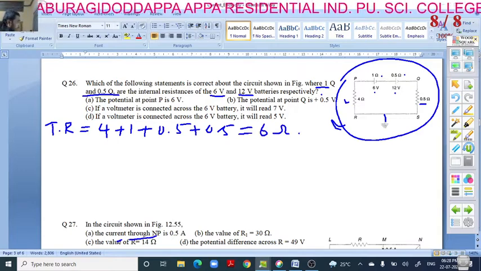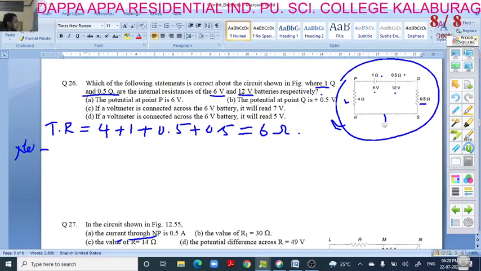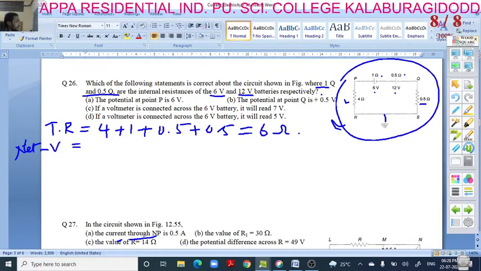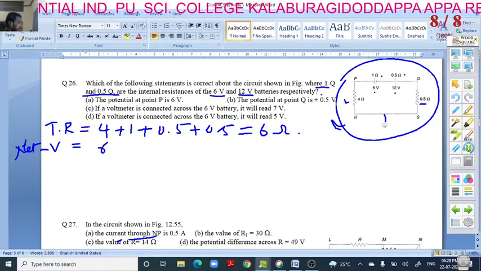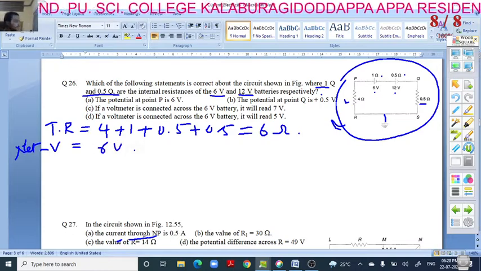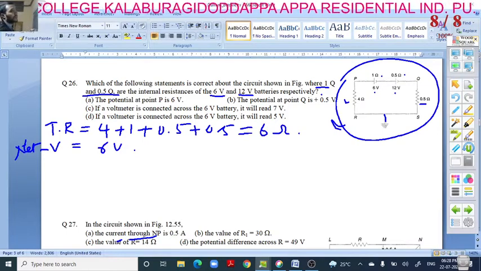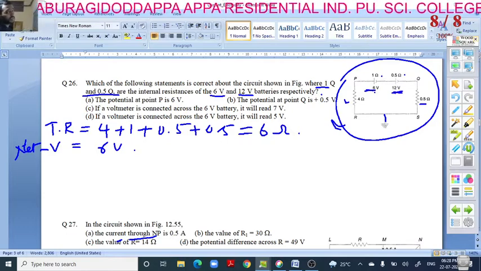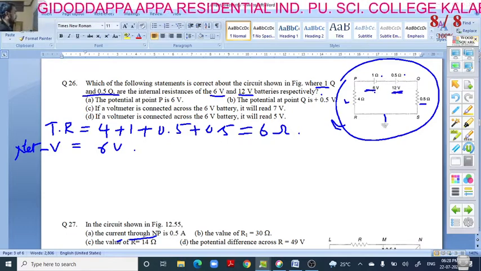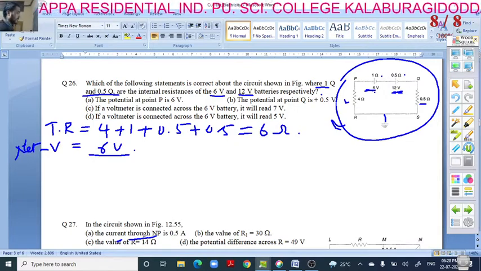The net voltage in the circuit is equal to 6 volt, because this is 12 and this is 6 he has given, so net we will get here 6 volt. Then what will be the current?